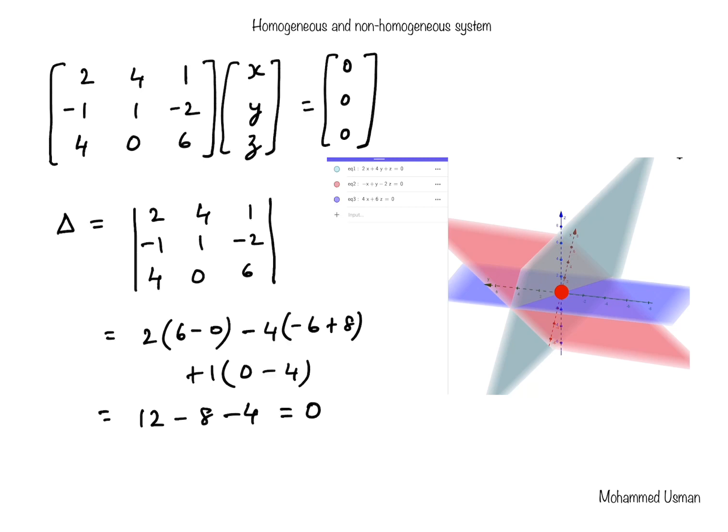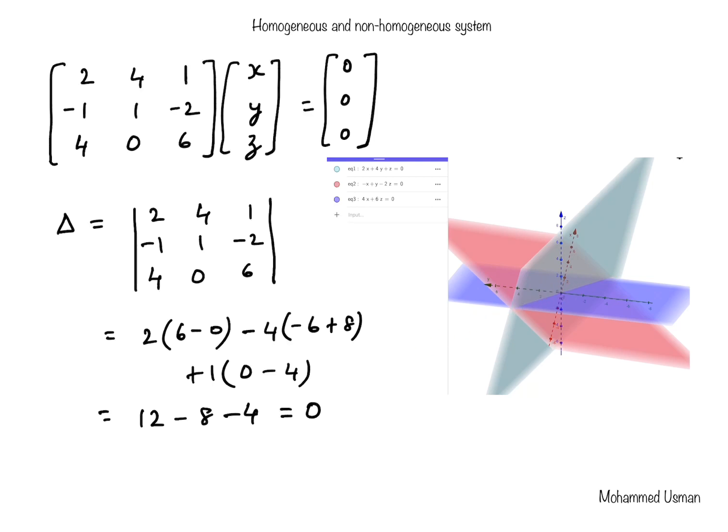And the origin is definitely one of the solutions, because all three planes pass through the origin as well. So this line of intersection passes through the origin, and therefore the origin is one of the solutions, and all other points that lie on this line are solutions.